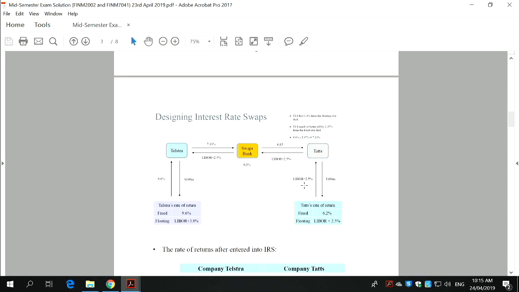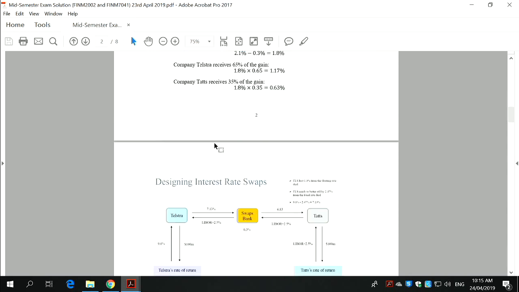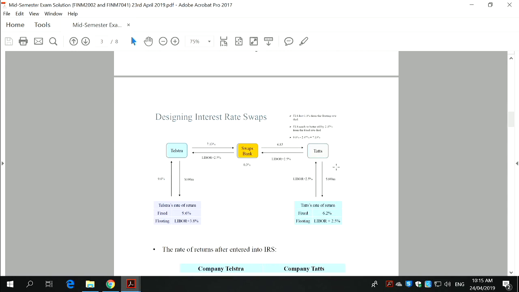Okay, then you draw the swap. In the question you were told what Tesla Auto really wants is a fixed rate of return, and what Telstra really wants is a floating rate of return. Despite that, we still ask Tesla Auto to invest in the floating rate investment vehicle, because that's where Tesla Auto's comparative advantage lies, right? So we're still forcing Tesla Auto to invest in a floating rate investment project.